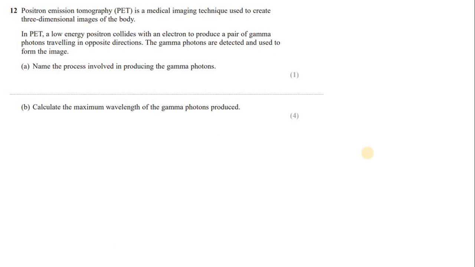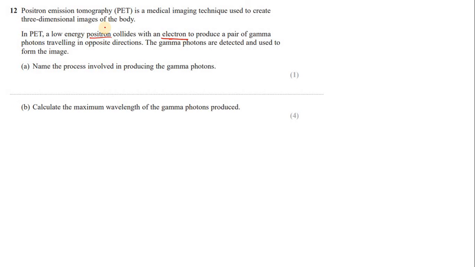Question number 12. Positron emission tomography, PET, is a medical imaging technique used to create three-dimensional images of the body. In PET, a low-energy positron collides with an electron to produce a pair of gamma radiation. So particle and antiparticle are colliding.